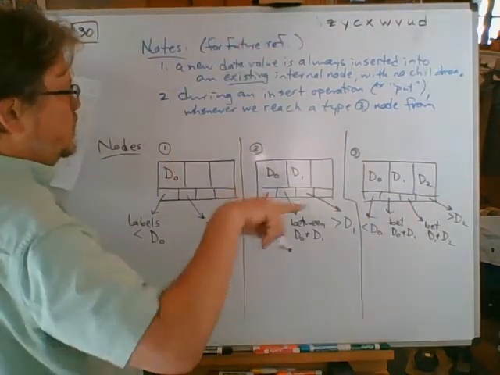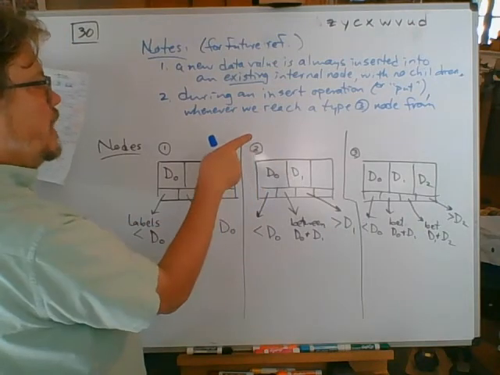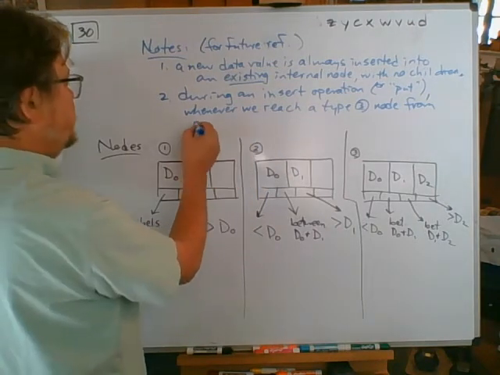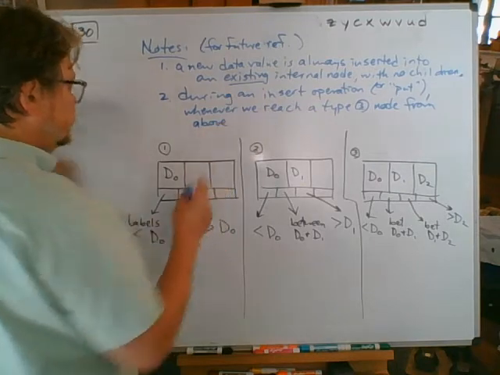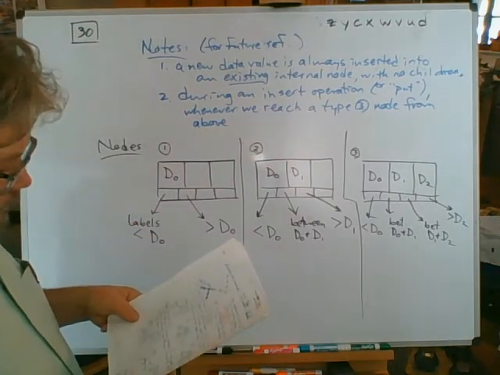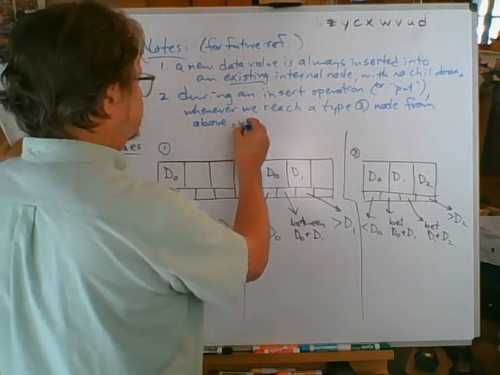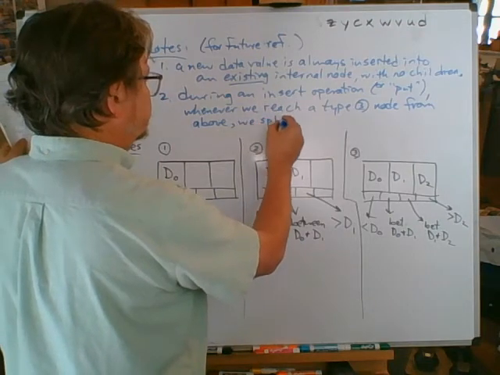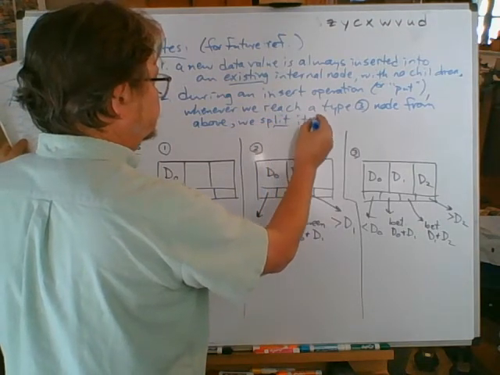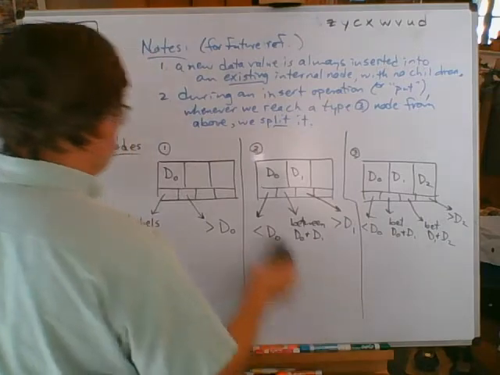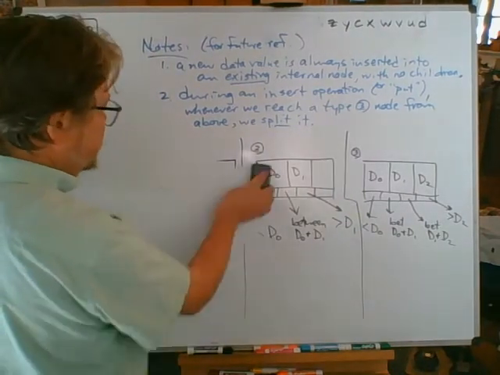We're coming down the tree. Of course we're going to reach it from above. Whenever we reach a type 3 node from above, we split it. That, yes, needs some explanation.